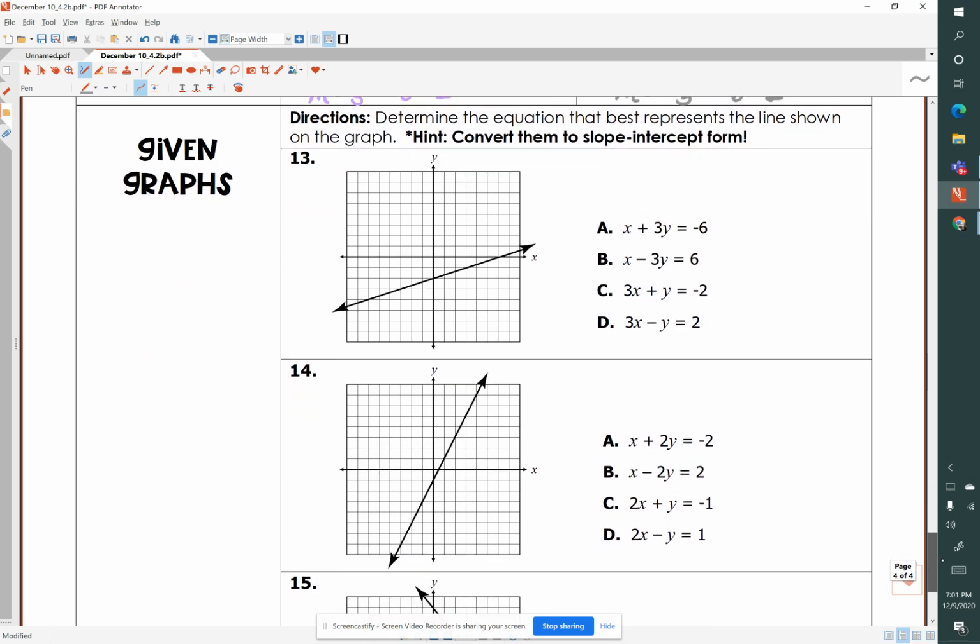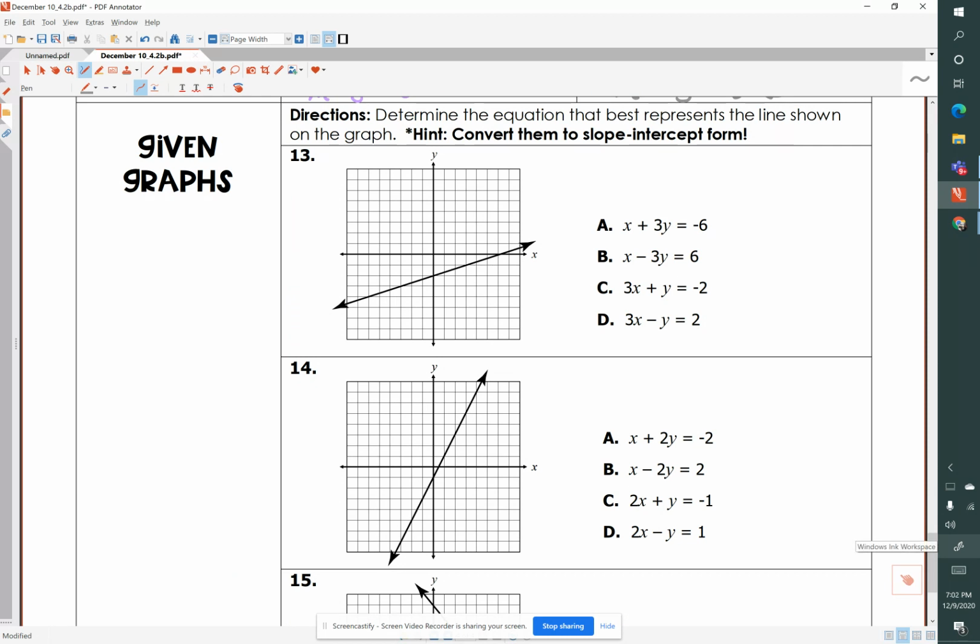So now we can be given a graph, and we are asked to determine the equation that best represents the line shown on the graph. And our hint is to convert these to slope-intercept form. So if we convert A to slope-intercept form, I'll work over here. X plus 3y equals -6.